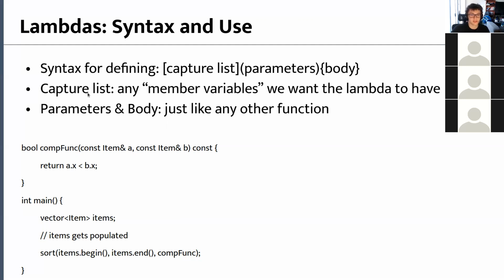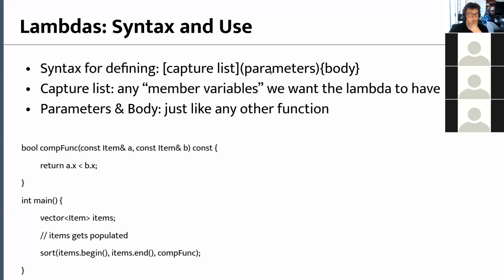The capture list, you can kind of think of it as being member variables that the lambda has. So if we're thinking about lambdas as function objects, you can think of this capture list as kind of being a constructor that takes in and stores some data that the body of the function can use and modify as it wishes to.